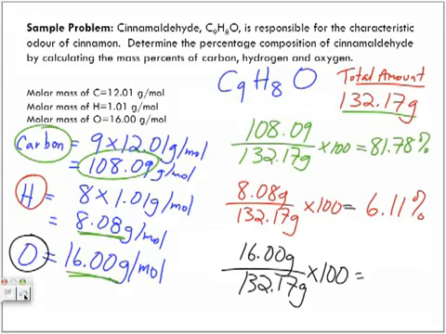And lastly, when we divided the oxygens, what did we get? 12.11%. And then what you can do to double check, make sure that you're correct, what can you do? Add them all up. Okay. Add this, this, and this. What should you get? 100%.